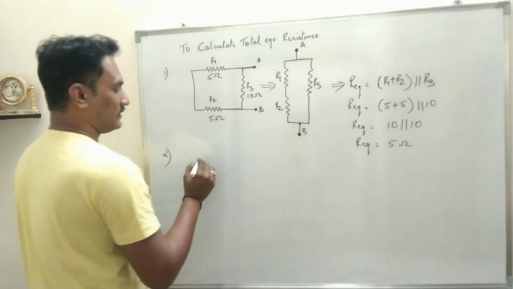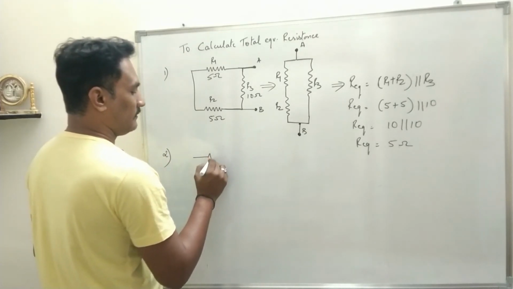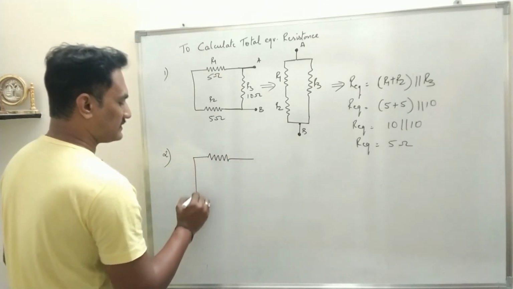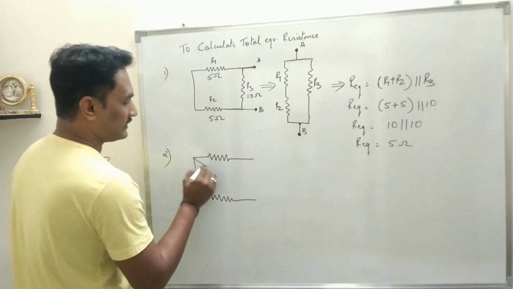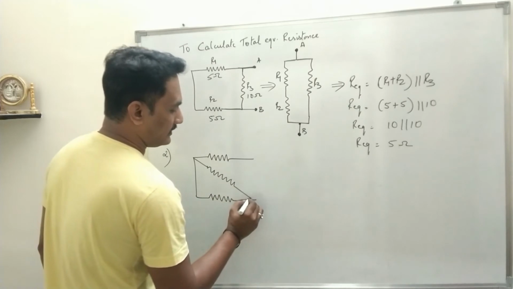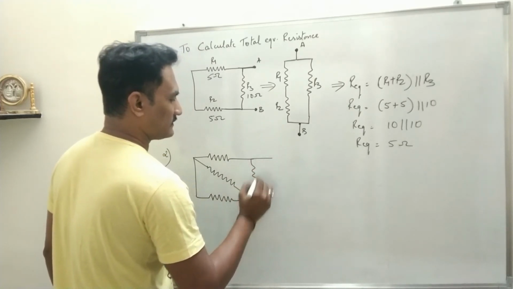Let us do one more problem. I will keep on increasing the complexity of the circuit so that you should be able to calculate the total equivalent resistance of any given circuit.